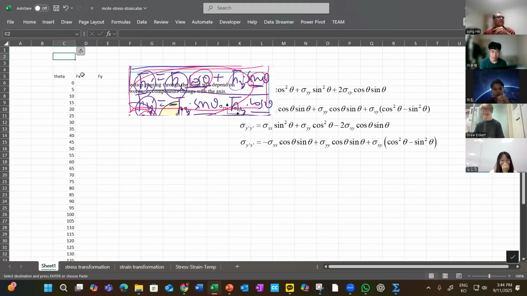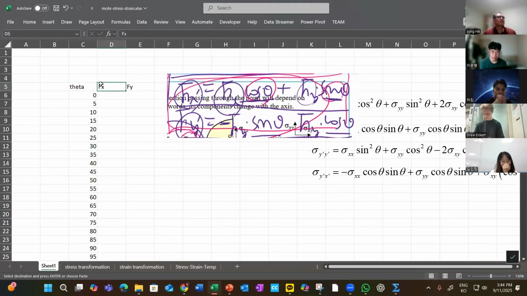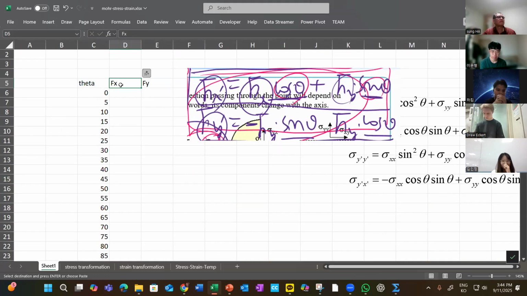Now here, importantly, this is the fx prime, and this is the fy prime. These are two components, and what will be given? Fx will be given, and then fy will be given. So this one, I will say any value, and let's call this guy fx. How to do that? This is Excel.